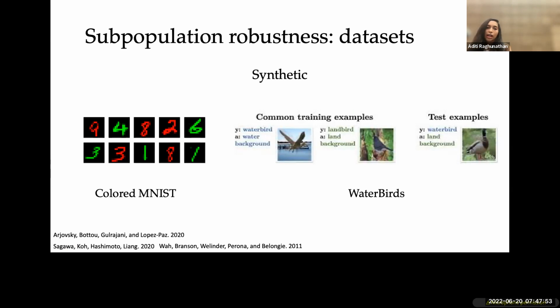We want to check whether the model can avoid just using color to make its predictions. Another popular synthetic benchmark is Waterbirds, where we take images of birds and images of backgrounds and create a particular correlation where most examples of water birds are in water, land birds in land, and so on. And we test whether the model does well even when this correlation is broken, for example, a water bird in land here.